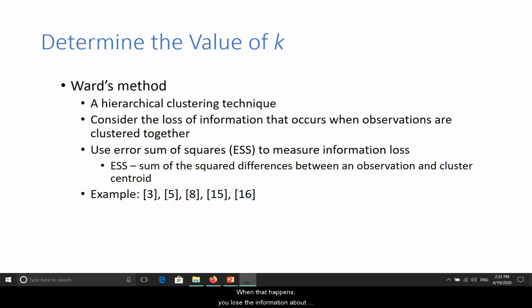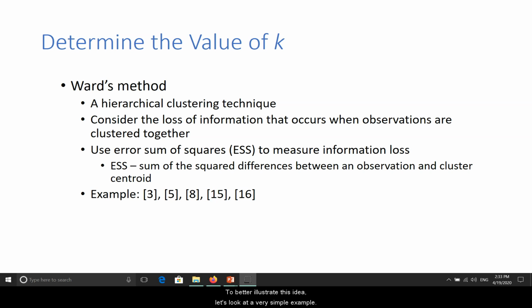When that happens, you lose the information about individual observations. ESS quantifies how much information is lost on the individual observations by generalizing these observations in the same cluster using the cluster centroids.